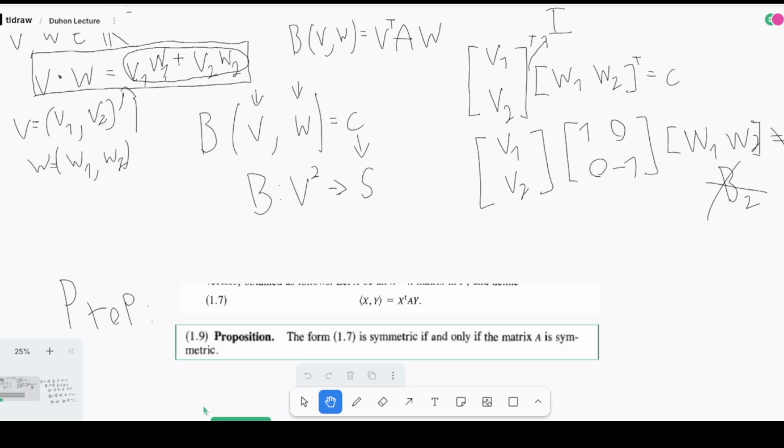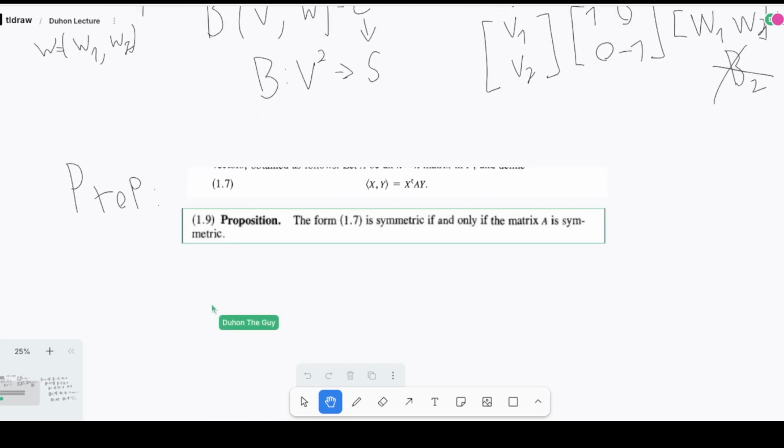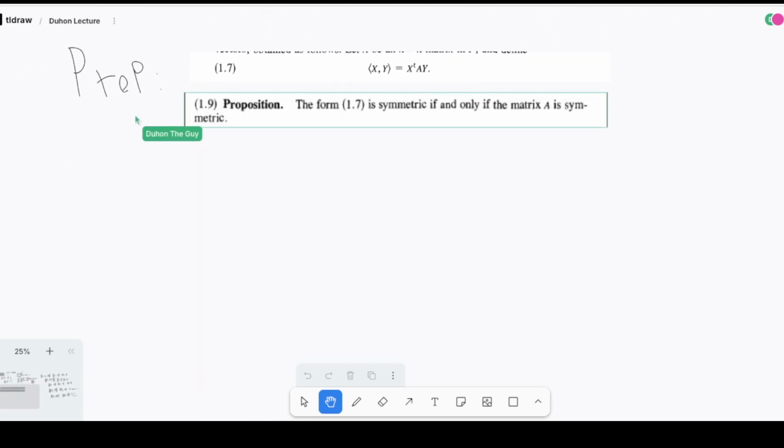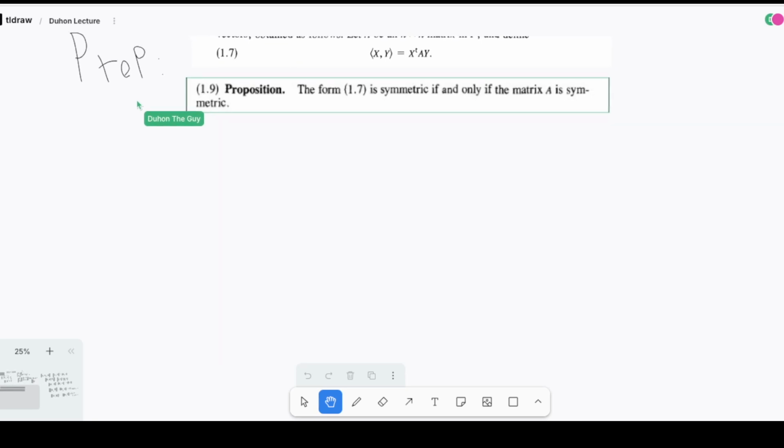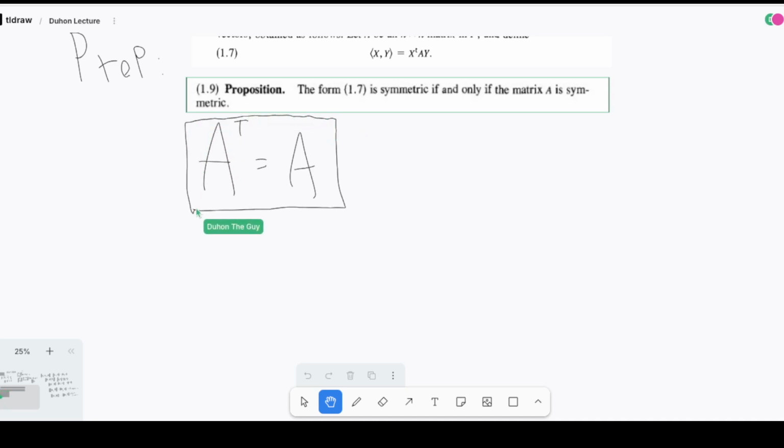Assume that A is symmetric. So let's just assume for a second A is a symmetric matrix. That means that A^T, the transpose of A, is going to be equal to A. That's very important for the following proof.